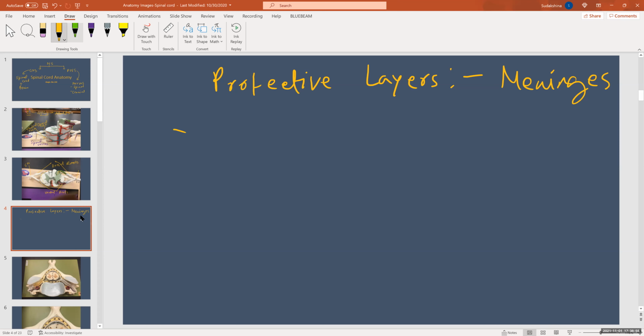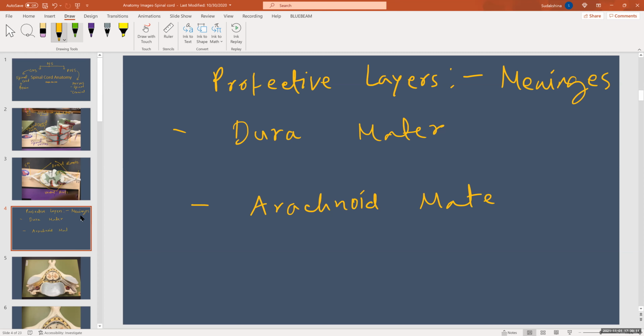Meninges are divided into 3 separate layers of tissue: dura mater, arachnoid mater, and pia mater. Dura mater, arachnoid mater, pia mater.